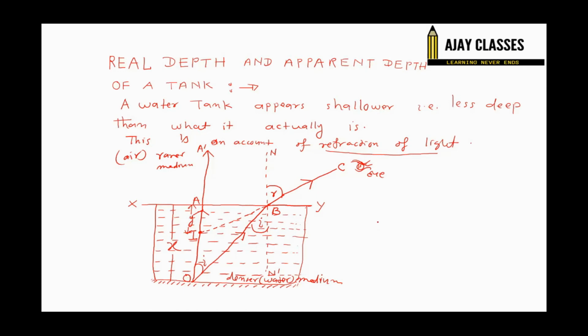So we have seen here that AO is the real depth, and AI is small y, called the apparent depth.